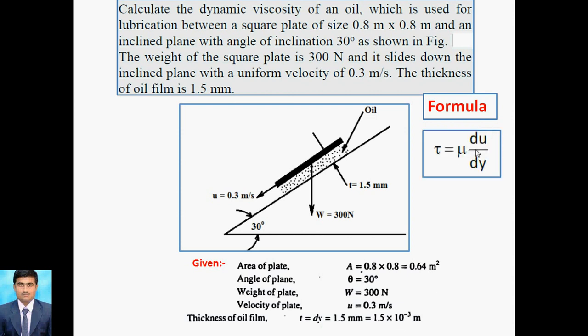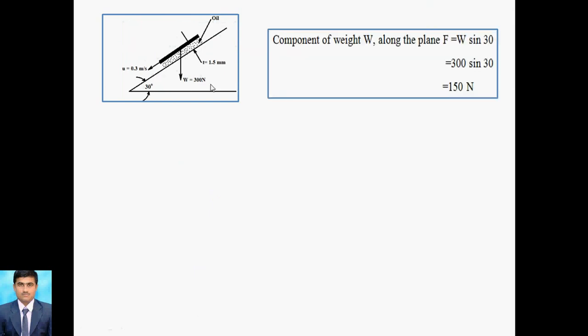So this is the formula for finding the value. Here we calculate the dynamic viscosity, mu is unknown, and tau and du by dy we take as they are. For reference, we can take this diagram.